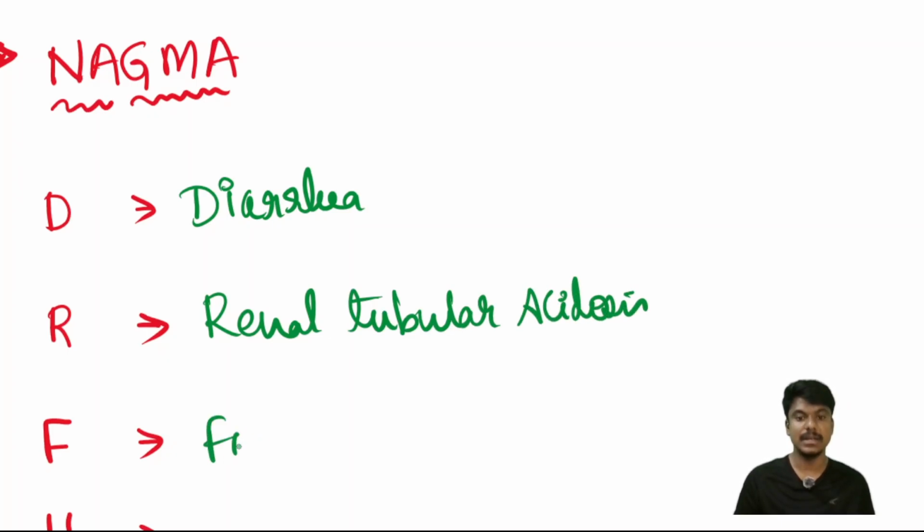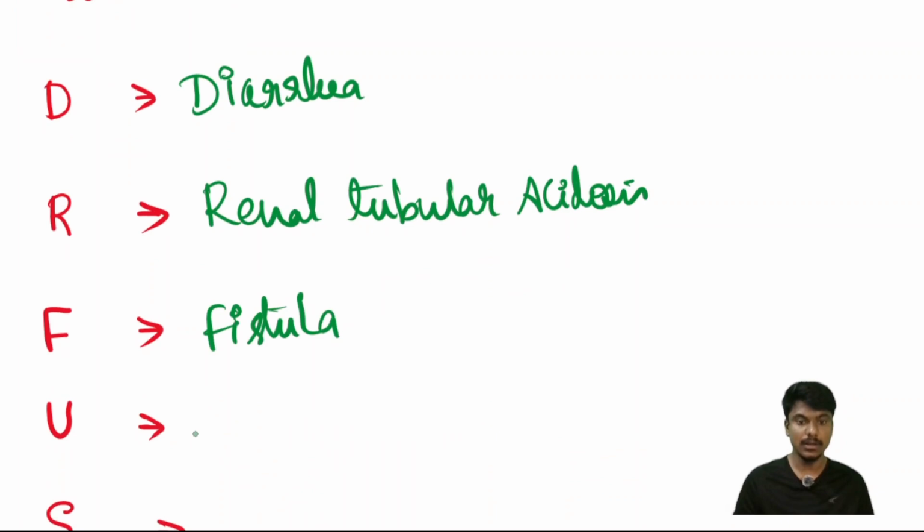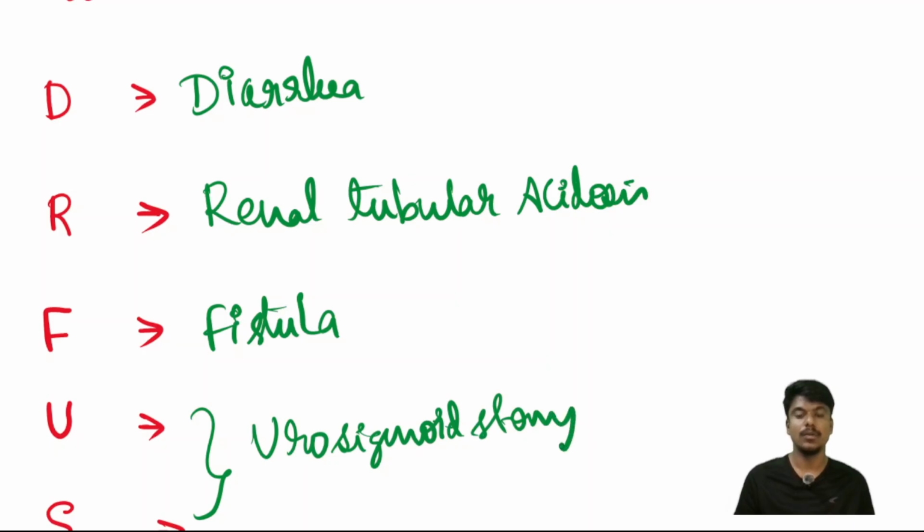F is for fistula, anal fistula. U and S are for uro-sigmoidostomy, where you can see normal anion gap metabolic acidosis.